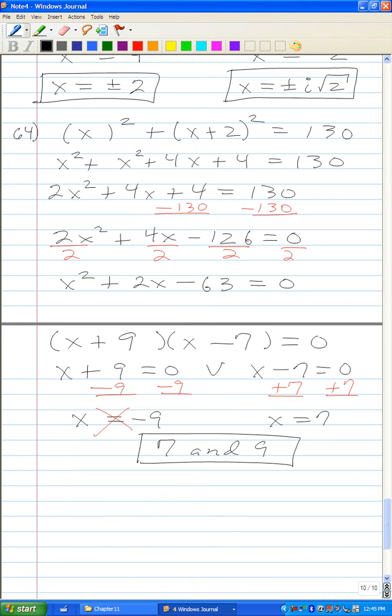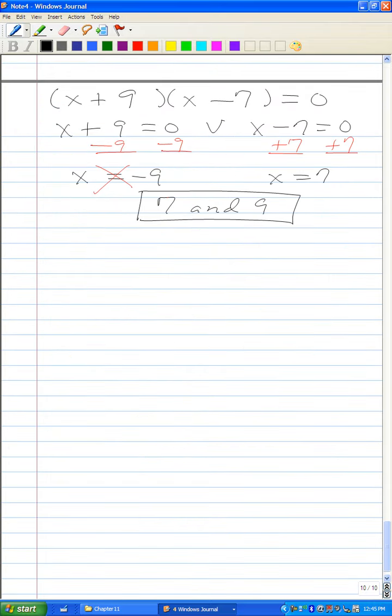Let me do problem number, let's say 70. How about 70? Let me do problem number 70. The product of John's age in years 5 years ago and his age 9 years ago is 15. Find his present age.